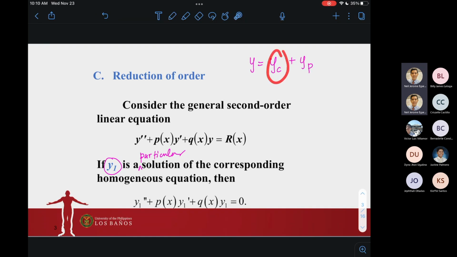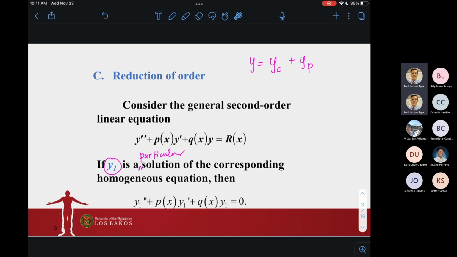So isosolve muna natin si y sub c, which is the general solution to the homogeneous GLDE. Tapos, pipili ako ng isang particular case ng general solution na yon. So remember, yung general solution natin, may mga arbitrary constants yan. You can pick the arbitrary constants to your liking para mas maging simple yung derivation. And that specific solution ay tatawagin kong y sub 1.